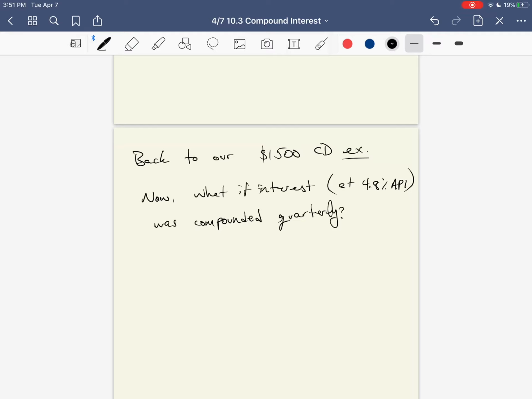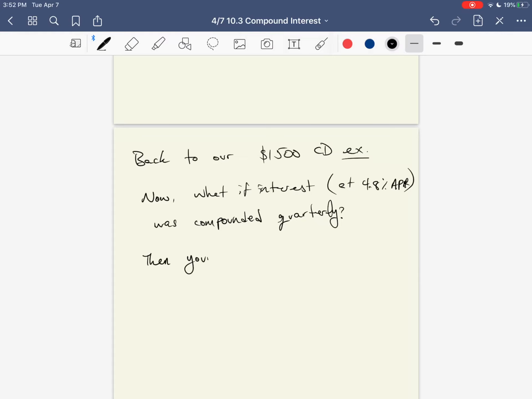So the only thing that changes here is that your 4.8% was your annual percentage rate, interest rate, APR. But now, if your interest rate is 4.8% annually, what's it going to be quarterly? Well, then it's going to be 1/4 of 4.8%.